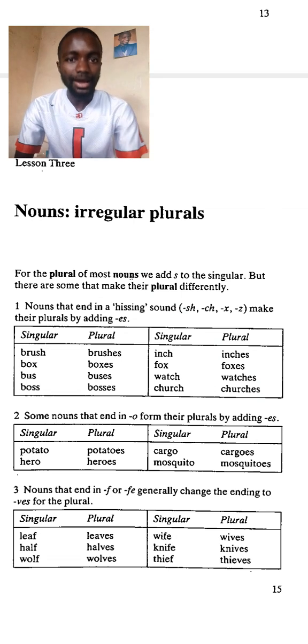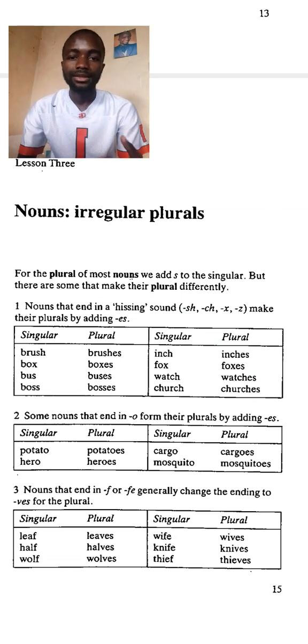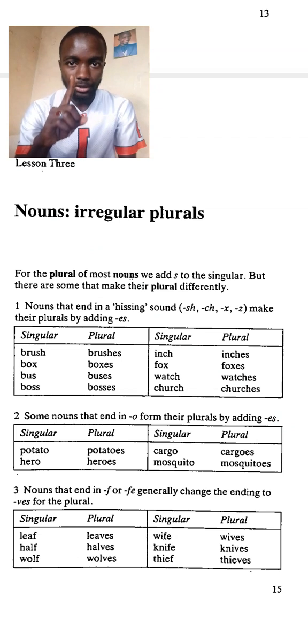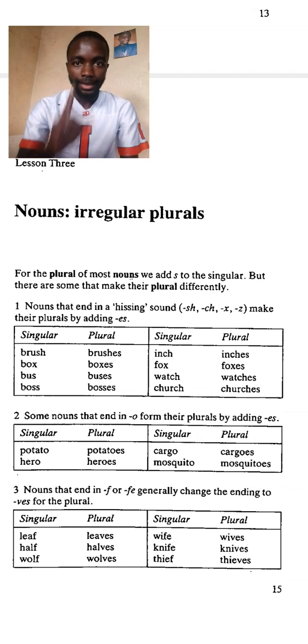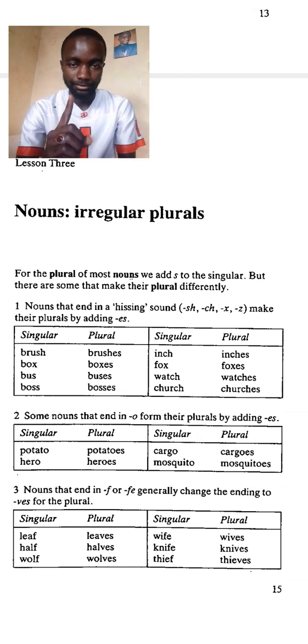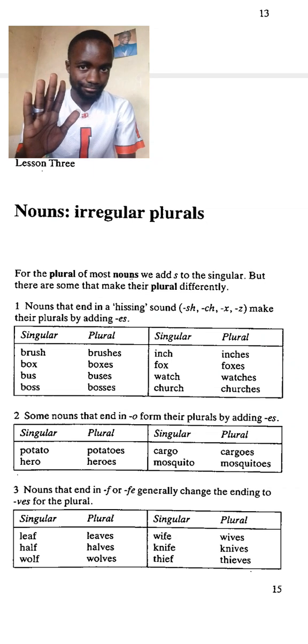That is exactly what we mean by irregular plurals. Nouns that end in a hissing sound. That is the first rule that we are going to learn about irregular plurals. How do we form irregular plurals? We follow these 5 rules.